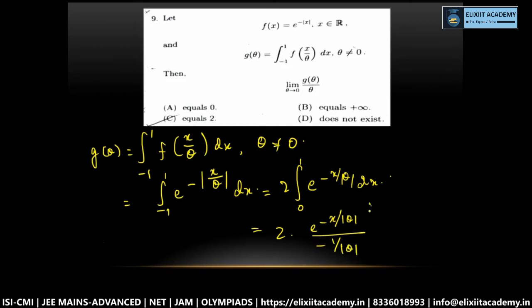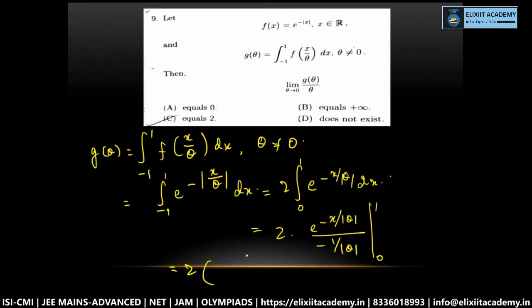Here x goes from 0 to 1 is the range of this integration, so you can simply put this range of integration and then simplify. So you put x equals 1, and you take this minus 1 upon mod theta outside.